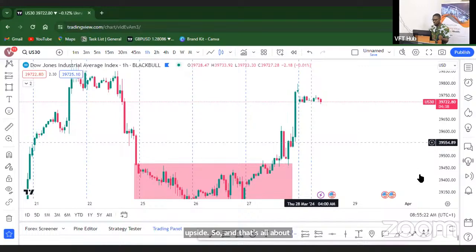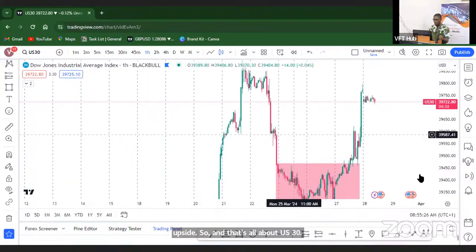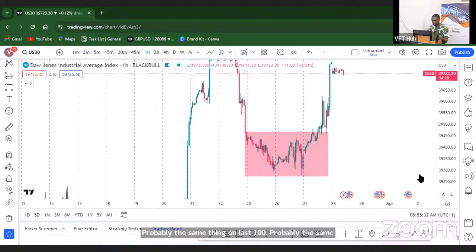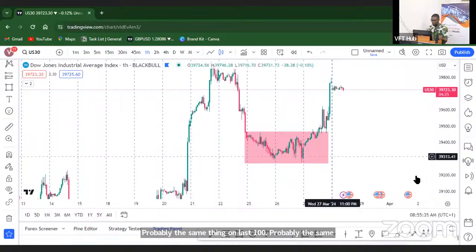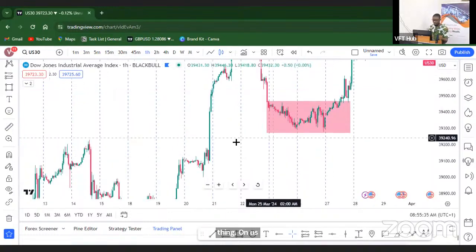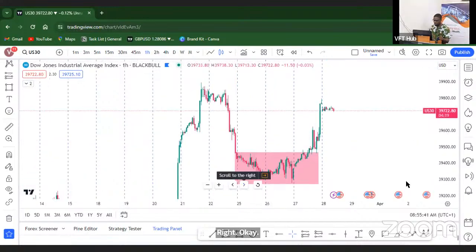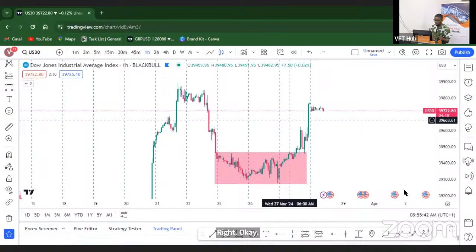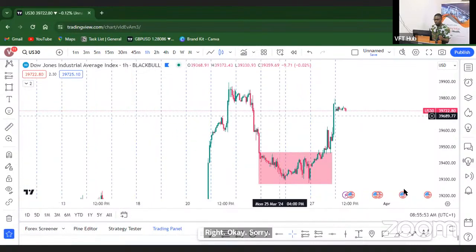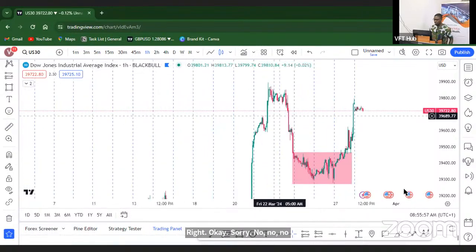Probably the same thing on NAS 100. The same thing on the S&P 500. Sorry, no, NAS now. Price action are quite different.